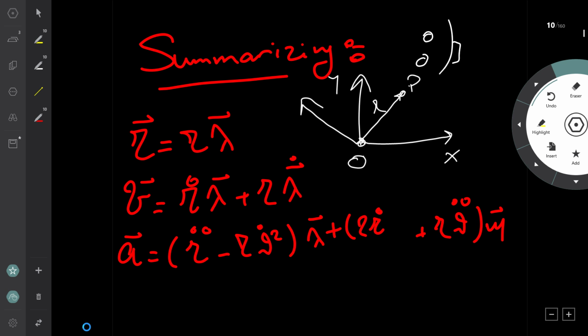So we have that the velocity is equal to the first derivative of r, the vector displacement along lambda, plus r along lambda dot. And we know that lambda dot is equal to theta dot along mu, so we will have that it is equal to r dot along lambda plus r theta dot along mu.